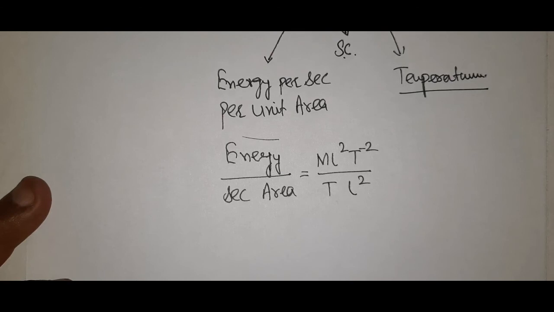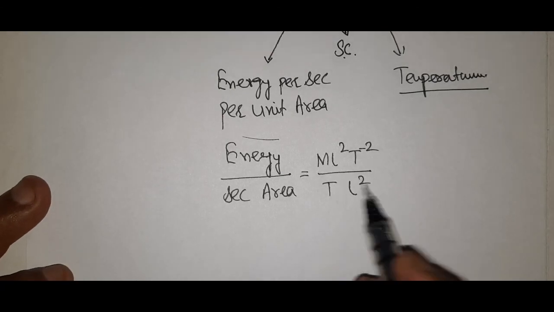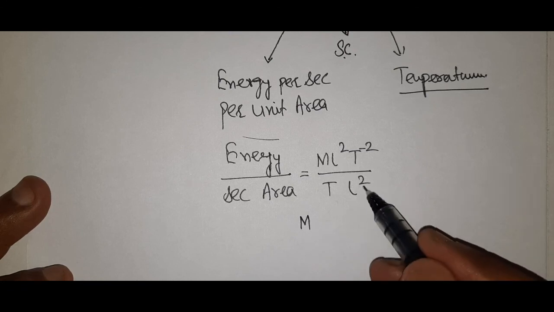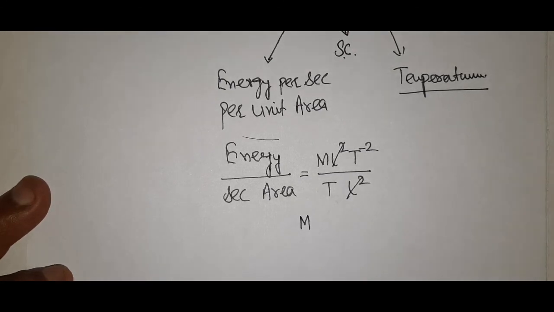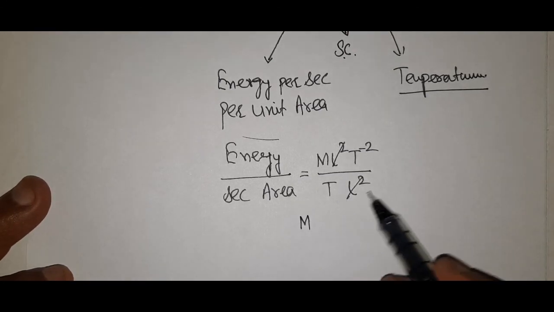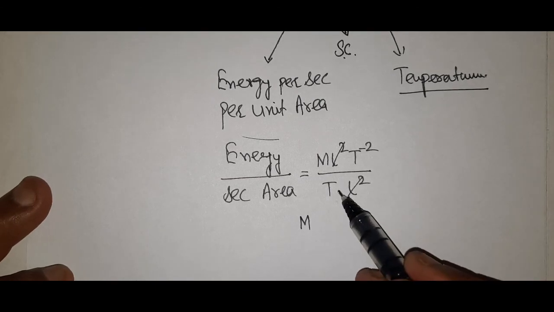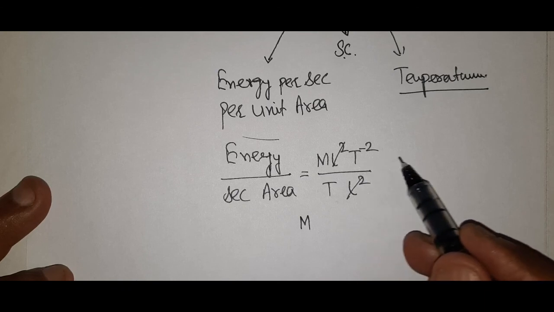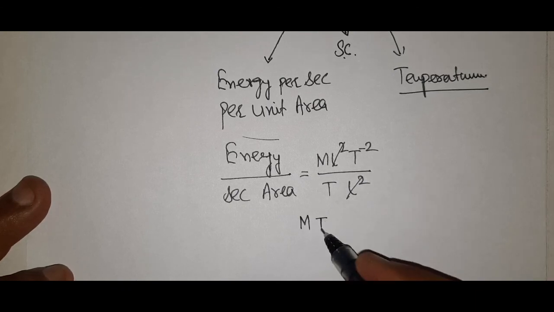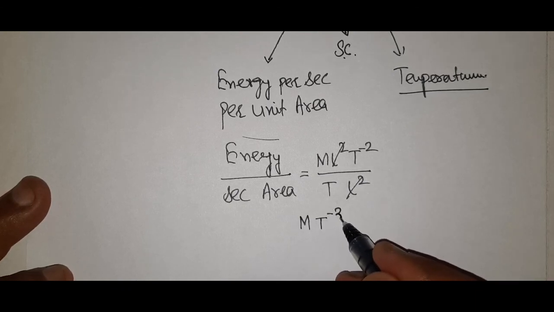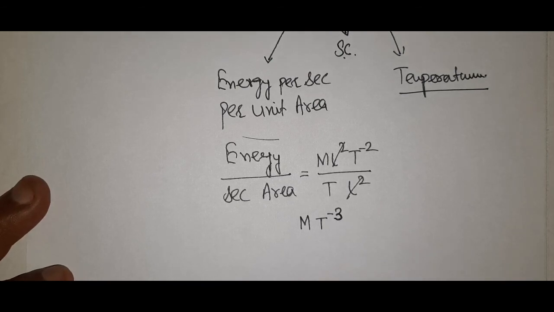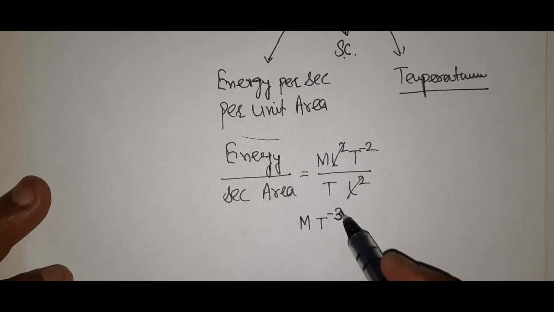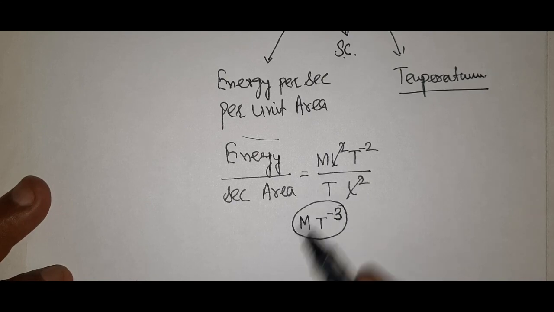Solving this we will be getting M, then L square and L square cancelled. T going in the numerator, since there is 1, will be minus 1, and T minus 2 and minus 1 will be making T minus 3. Now this is your energy per second per unit area.